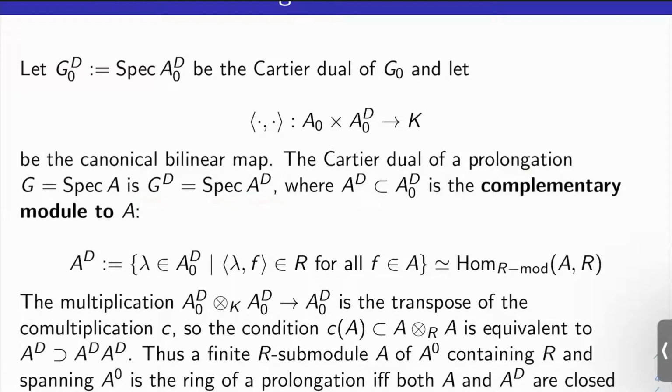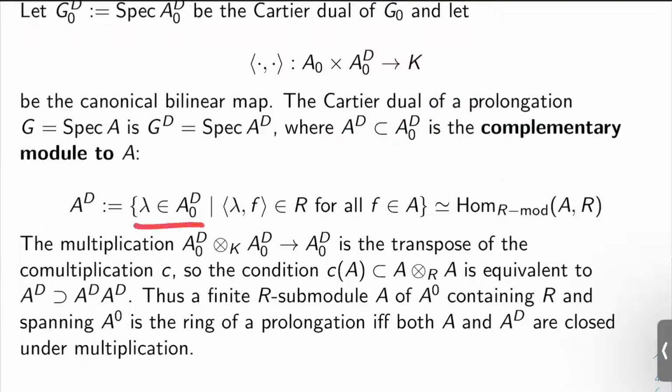And the real key here is, what is this AD actually? How do you recognize the Cartier dual of a prolongation? Well, AD in AD0 is called the complementary module to A. It's the set of all lambda in AD0 such that bracket lambda F is in R for all F in A. In other words, it's just the R module maps from A to R. That's sort of what you expect it to be, if this is supposed to be a dual.